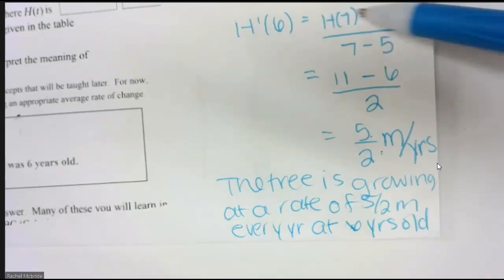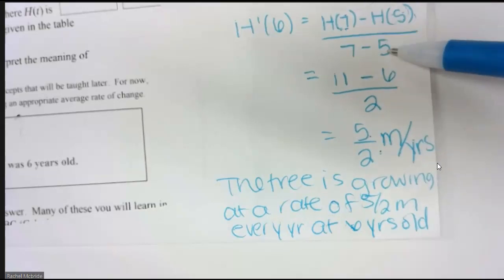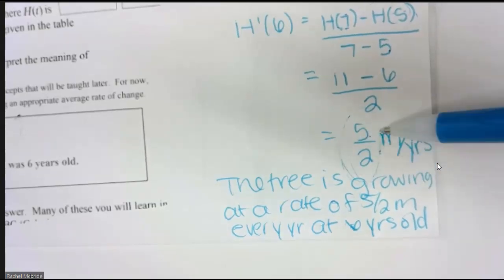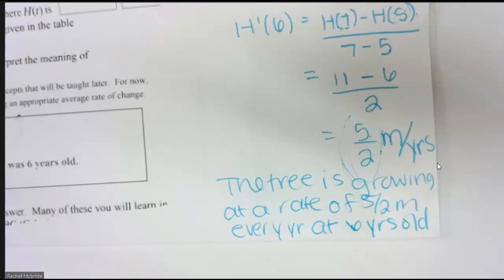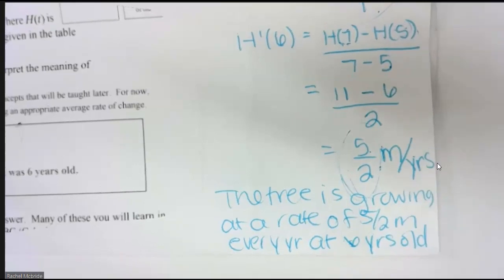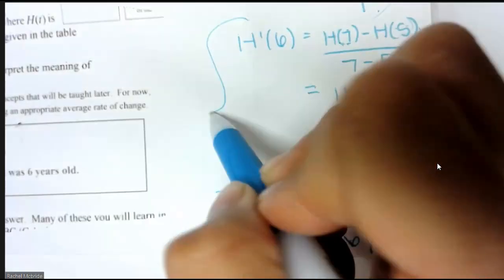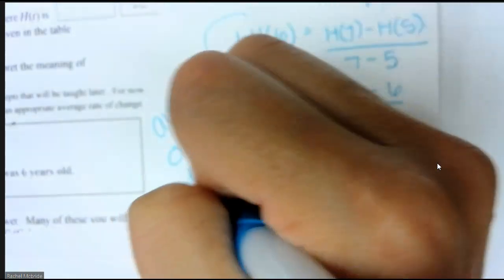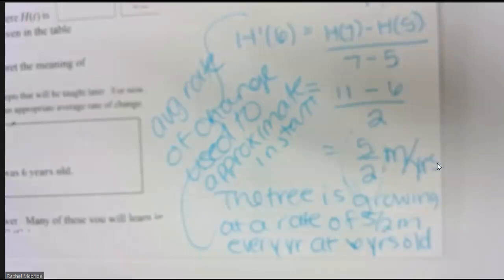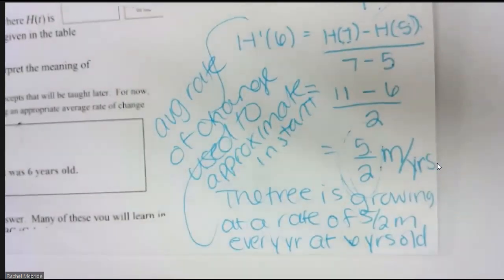So the closer and closer you get your approximation values to 6, the better your approximation. Okay, so again, this is average rate of change used to approximate instantaneous rate of change since there is no function given.